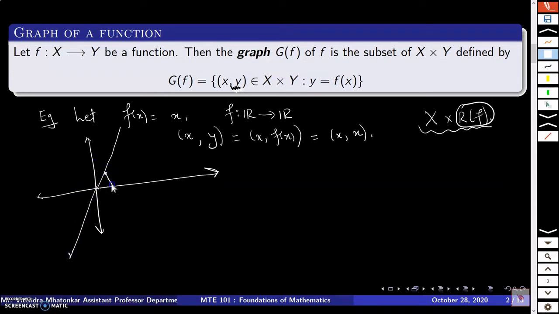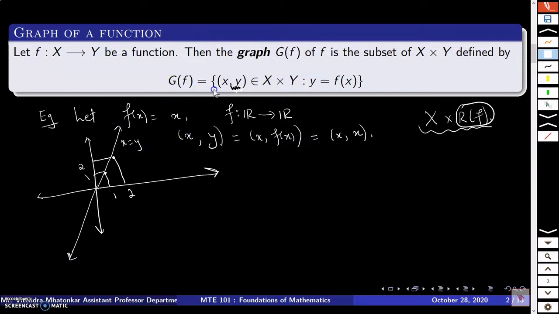So this point is 1 here, and this will be 1. Then the next point will be 2, and this one here will be 2, and so on. Okay, so that's the line x equal to y, a rough sketch of that. Okay, so if I give you any function, then you can draw its graph.